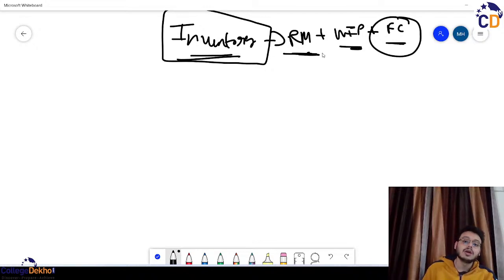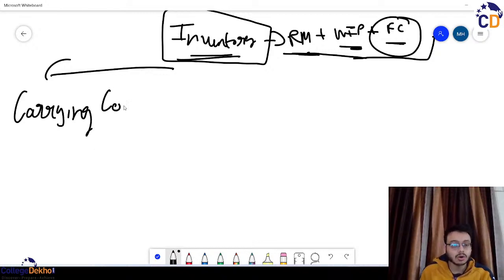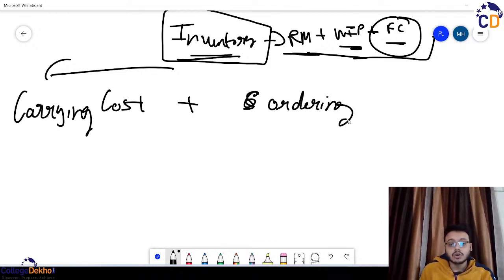Okay. So obviously, if we want to minimize the cost of inventory, then we need to know how to calculate the cost of inventory. Okay, so ideally the cost of inventory is calculated as your carrying cost plus your ordering cost. So your inventory cost is the summation of your carrying cost and the ordering cost.